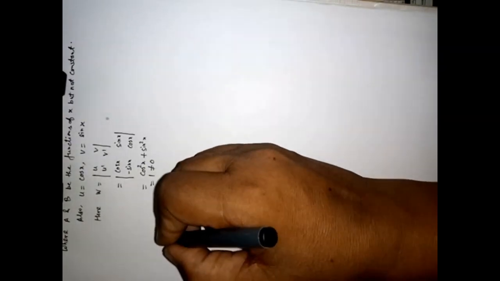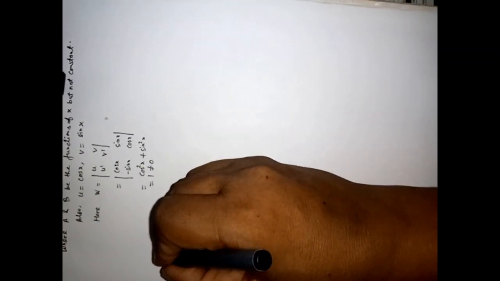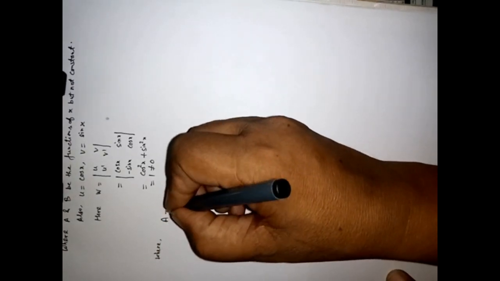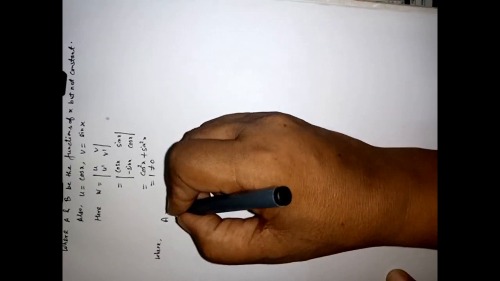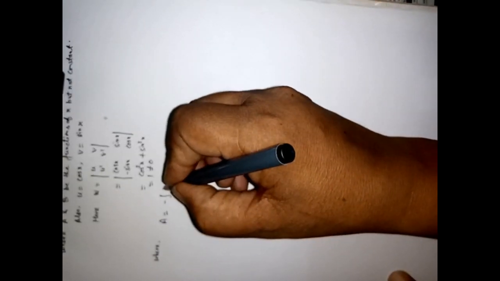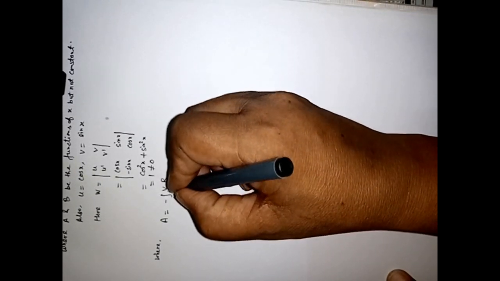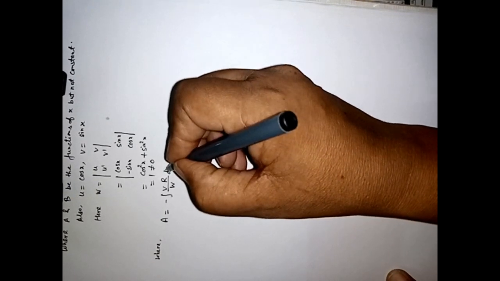And capital A is equal to minus integral v r divided by Wronskian dx.